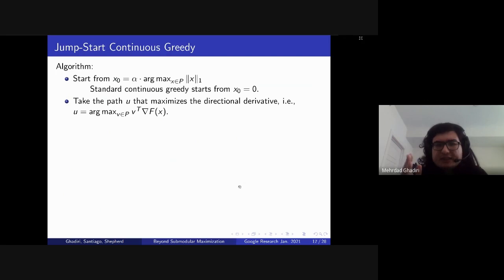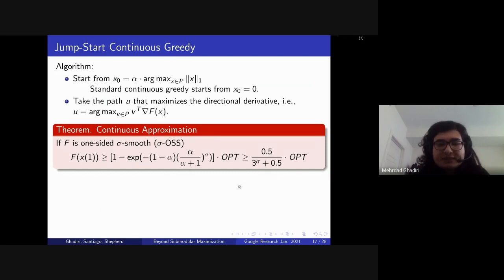One can note that this is like a Frank-Wolfe algorithm as well, because we take the path that maximizes the directional derivative. And this gives us this bound on f of x1, which is the output of our algorithm. So f of x1 is greater than or equal to 1 minus the exponential of that term times the optimum value of the function.